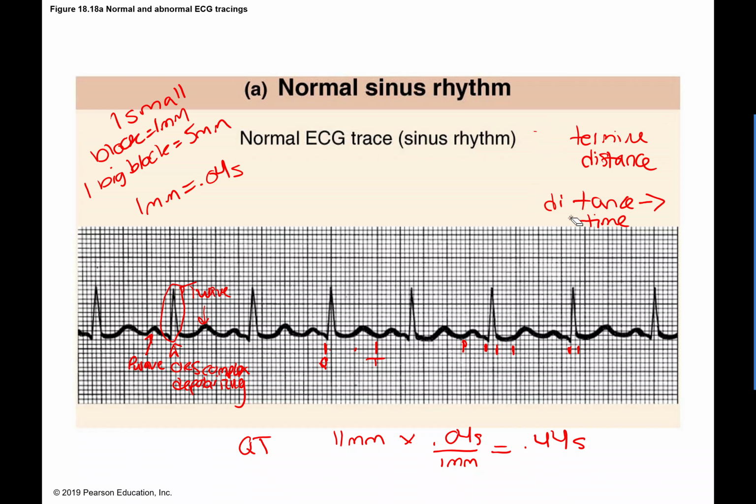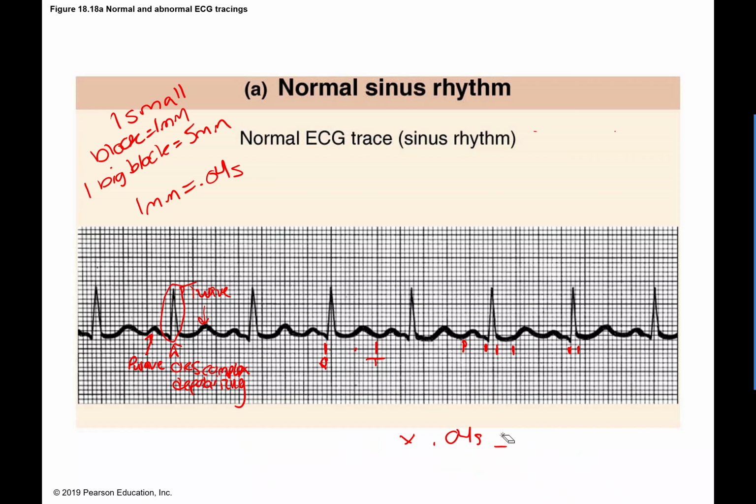For our heart rate, we follow kind of a similar process, but instead of looking at just a single heartbeat, right, just one heartbeat, we're going to go and look at the distance between two heartbeats.